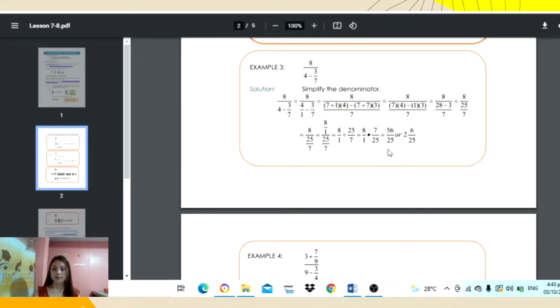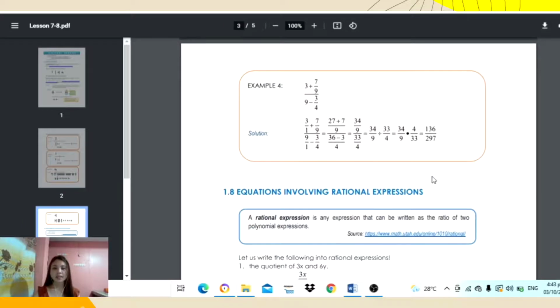So this simple fraction is the equivalent of this complex fraction here. Did you get example 3? I hope so.